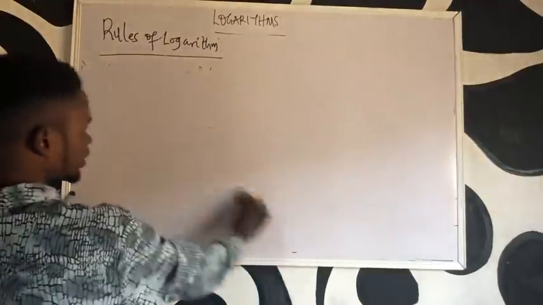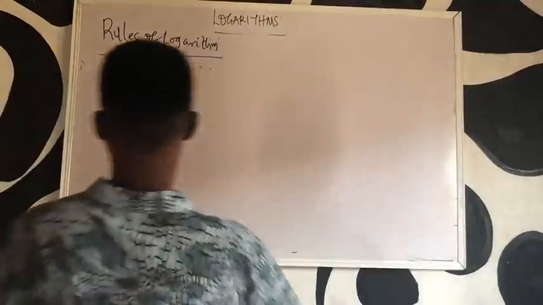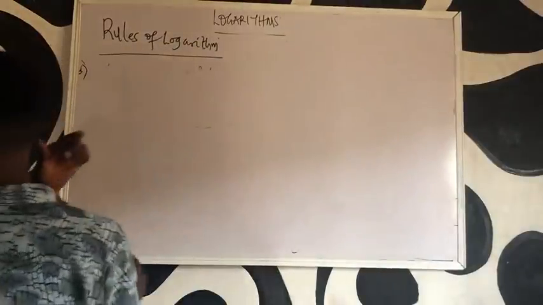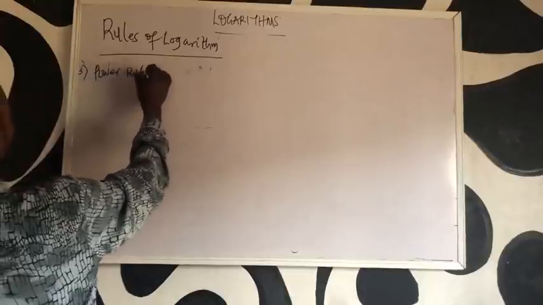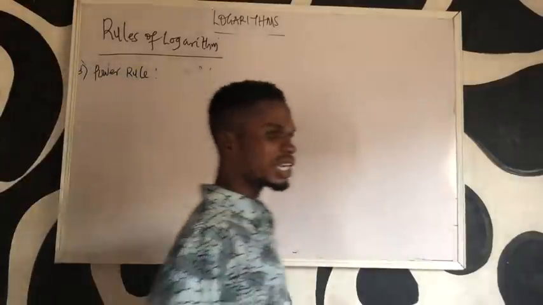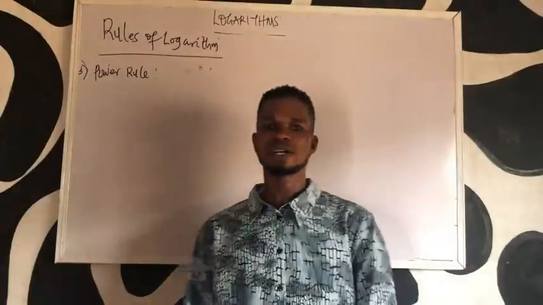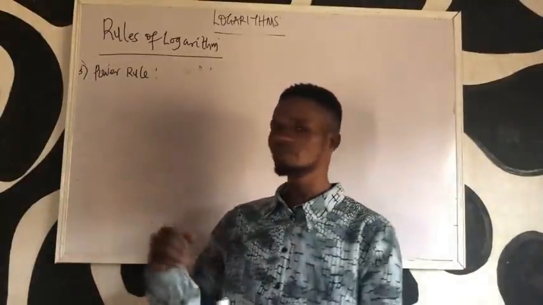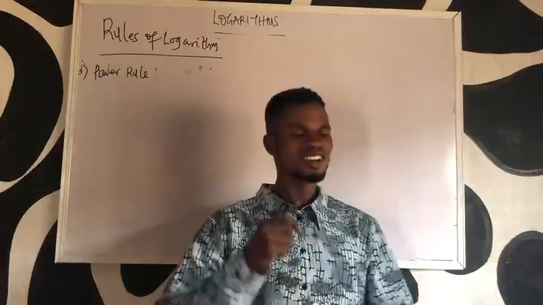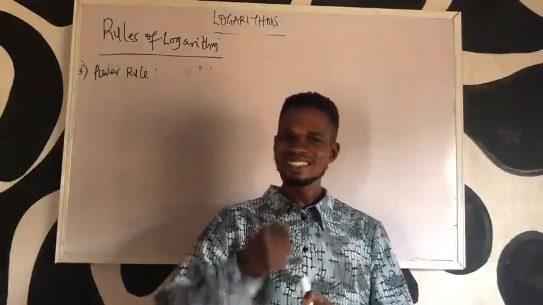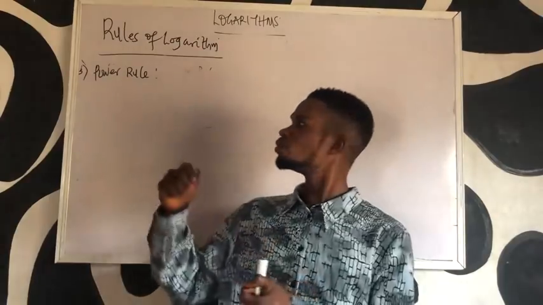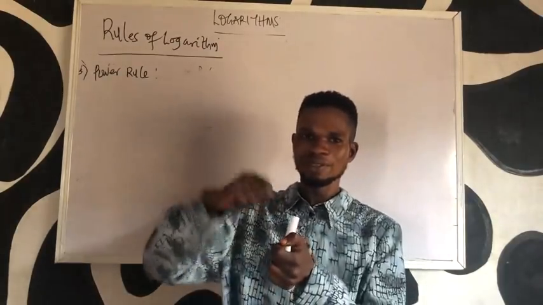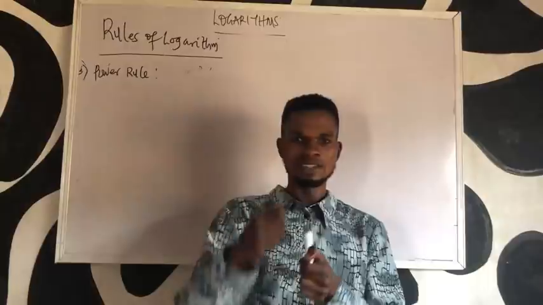Now, let's talk about another one, which is what we call the power law. This law states that when the logarithm of a number is raised to a certain power, the power must be used to multiply the logarithm itself.